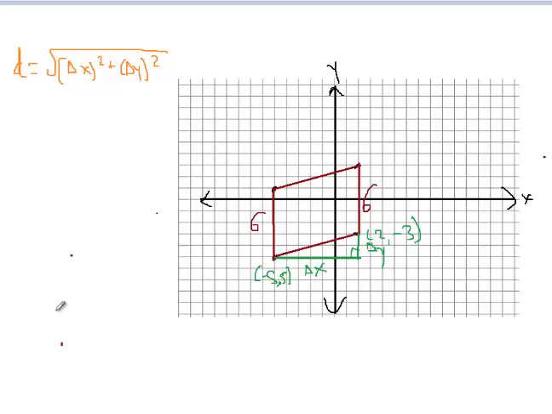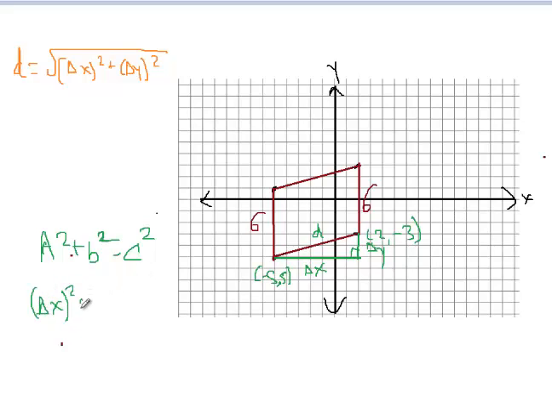Now, the Pythagorean theorem in general is a squared plus b squared equals c squared. Now you don't know what this is, so we'll call this d because it's the distance of this line, the maroon one that we're trying to get. So in this case, a squared is this line, so it's the change in x squared.